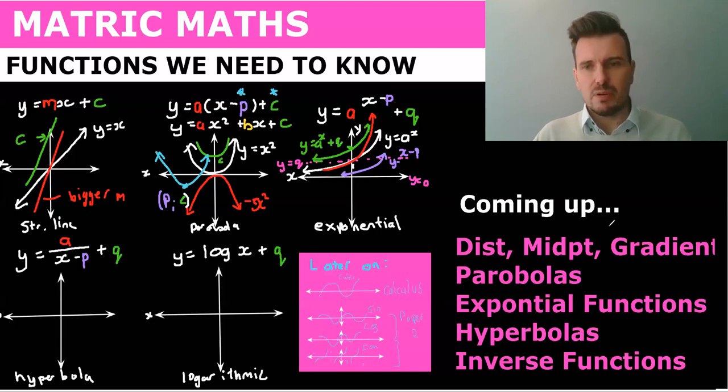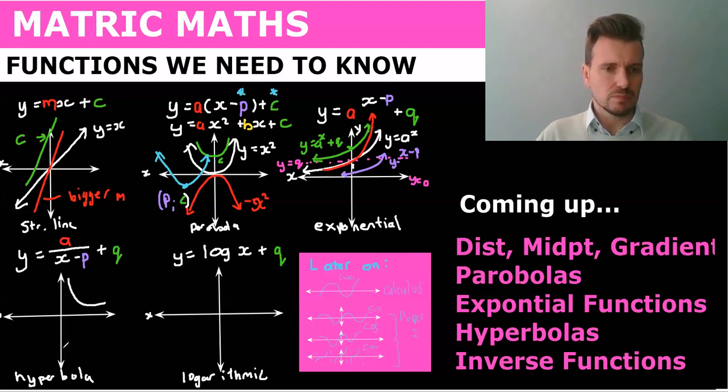Okay, so the basic hyperbola looks as follows. It's in either quadrant, and so this would be y equals a over x. If a was negative, it's going to change.